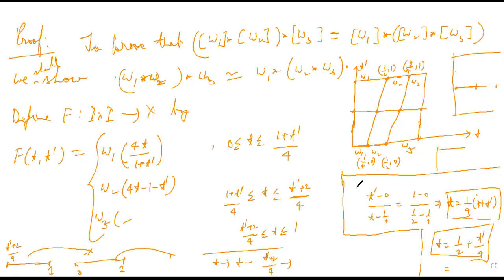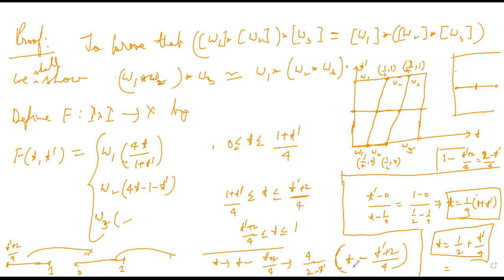Here this is 1 minus (t prime plus 2) upon 4, that is (4 minus t prime minus 2), that is 2 minus t prime upon 4, right? So you have to do multiplication by 4 upon 2 minus t prime in this, t minus (t prime plus 2) upon 4.